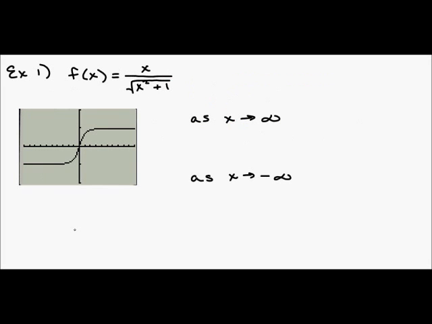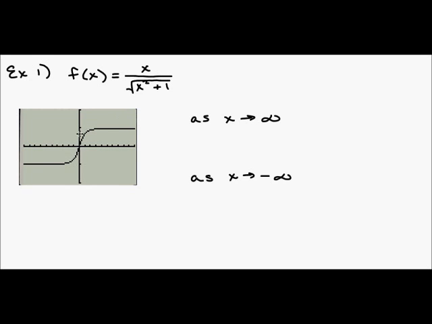Example 1. We have f of x equals x divided by the square root of the quantity x squared plus 1. We're just going to take a look at this graph really quickly. I already have a picture of this from the calculator here.